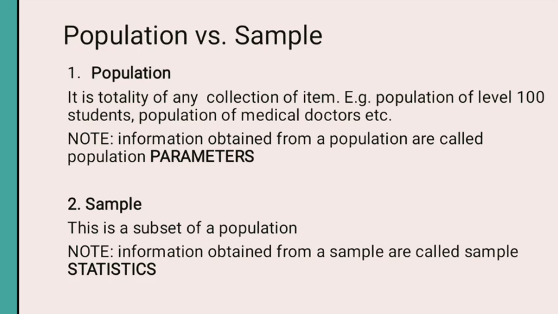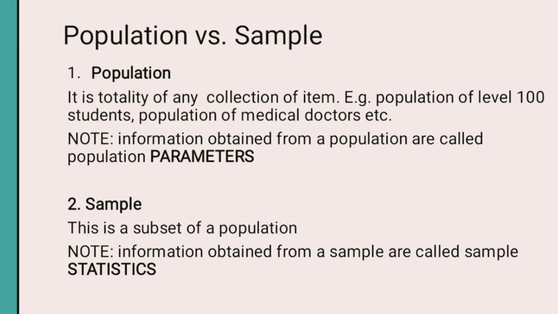Because of cost and time constraints, we may not be able to look at the whole population. So we sample units from that population and use it to generalize about the whole population. If I want to talk about the average height of medical doctors in Ghana, I cannot measure the height of all medical doctors in Ghana, but I may sample some doctors from Ghana.